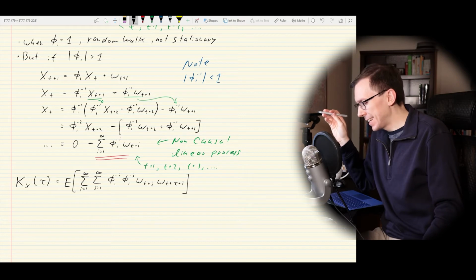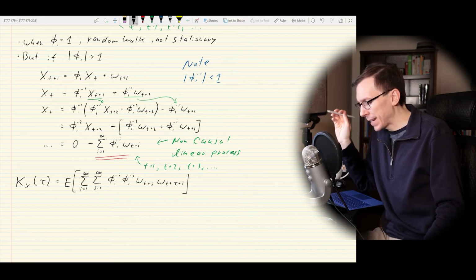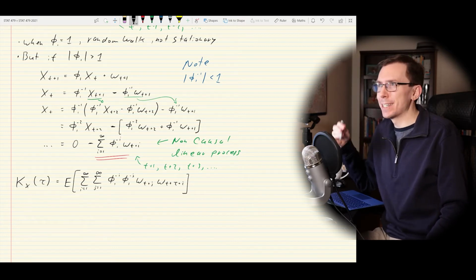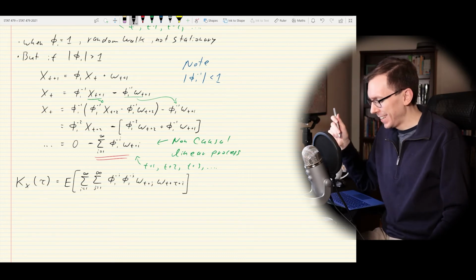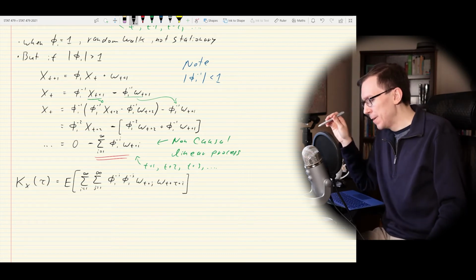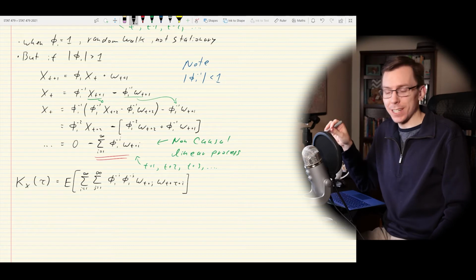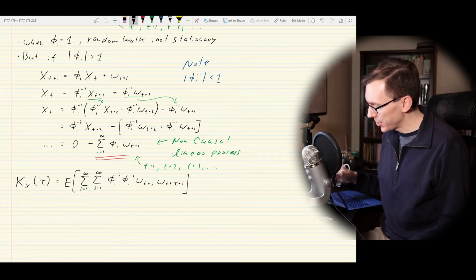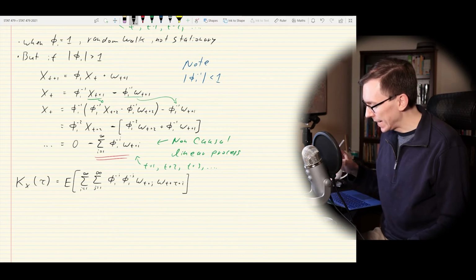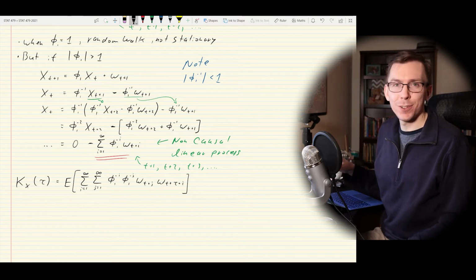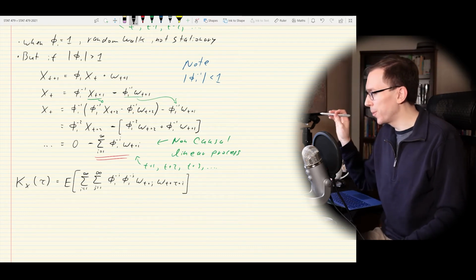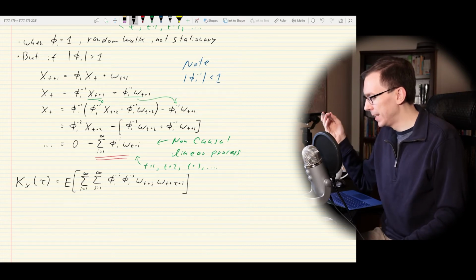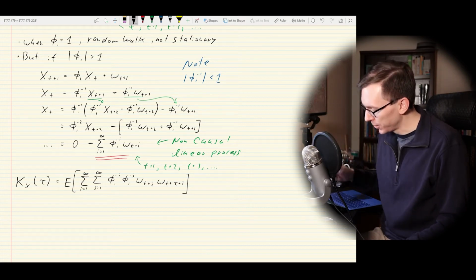So here we have, again, our two white noise processes. And once again, the nice thing is that this expectation, even though it's over a double sum with an index going to infinity, is convergent. I can move the expectation inside of the summation. And when I take the expectation of the product of two white noise terms, it's always going to be 0 unless the two indices are equal to each other.